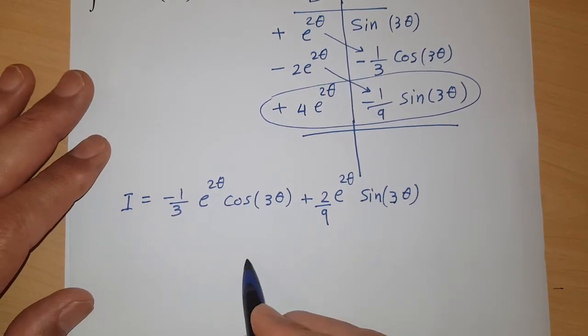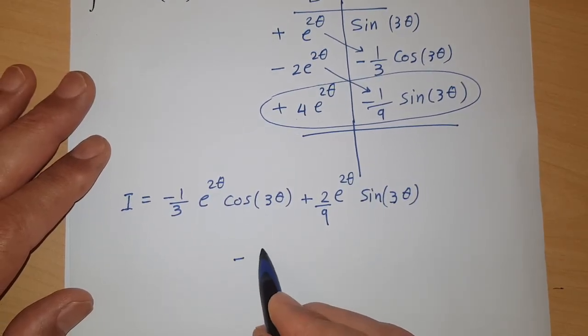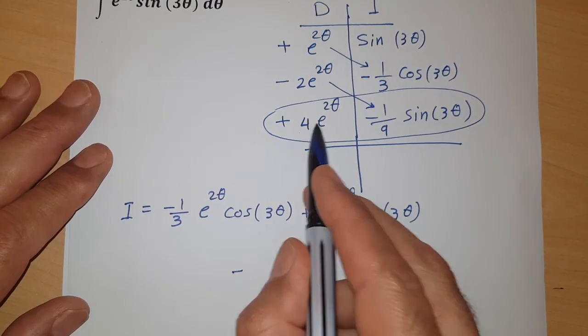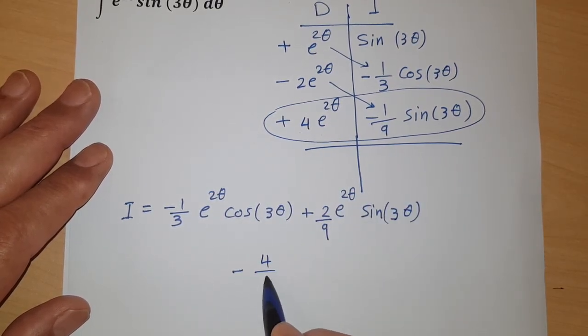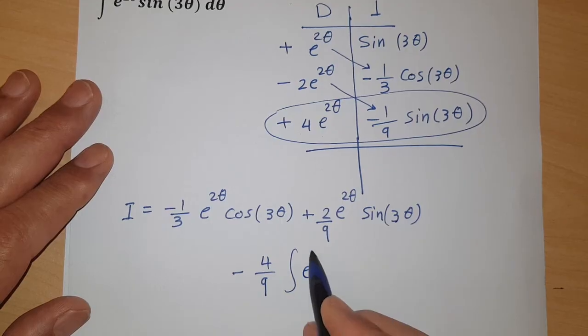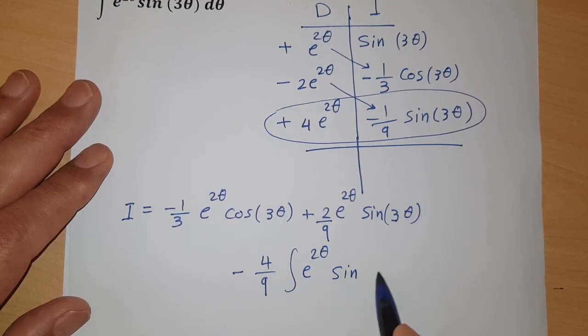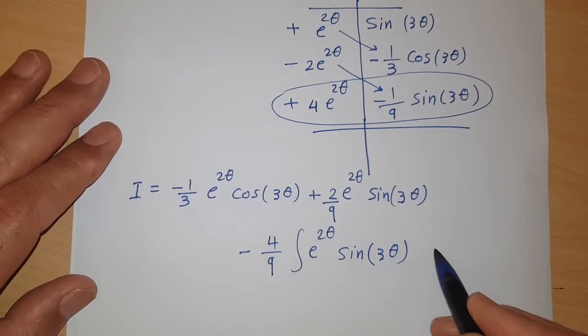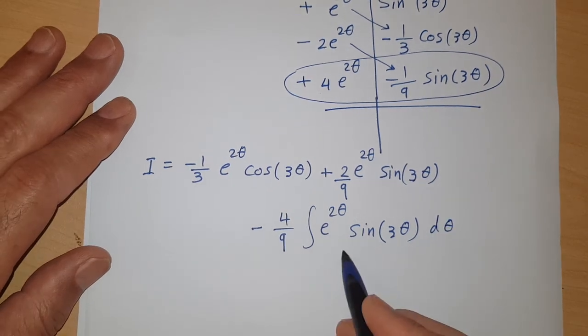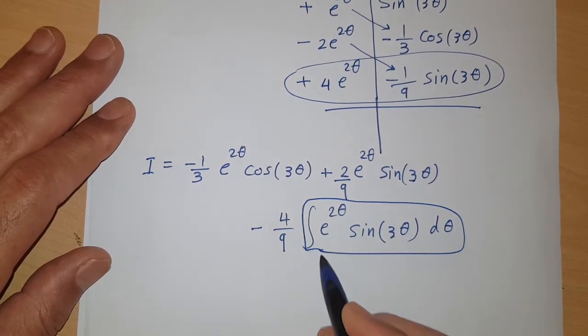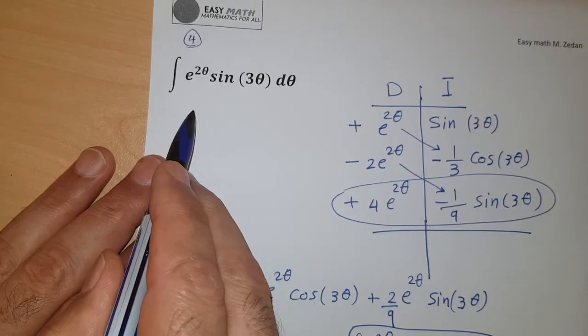And finally, minus the integral of, I can multiply 4 outside, 4/9 here outside, the integral of e to the 2 theta sine 3 theta, okay? This is really d theta.